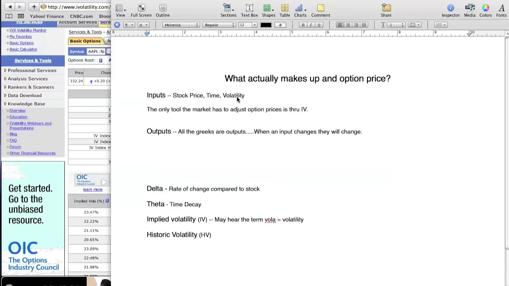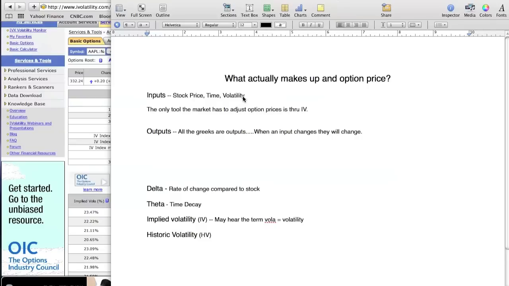And the only tool that the market has to adjust an option's price is through implied volatility, which would be this. That's the only thing. Let's say they can't control the stock and they can't control the time, and they want to change an option's price because they think it's too expensive or too cheap.